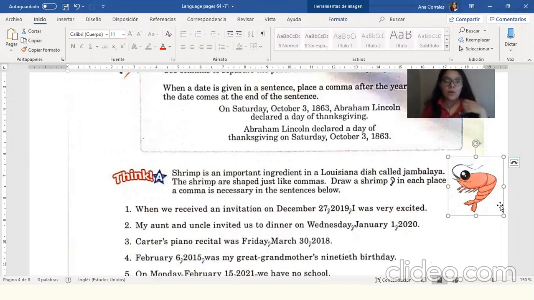Okay? So, number 1: When we received an invitation on December 27, shrimp, 2019, shrimp, I was very excited. The shrimps are the commas. Los camarones son las comas. So, you're going to draw it, dibújelo.